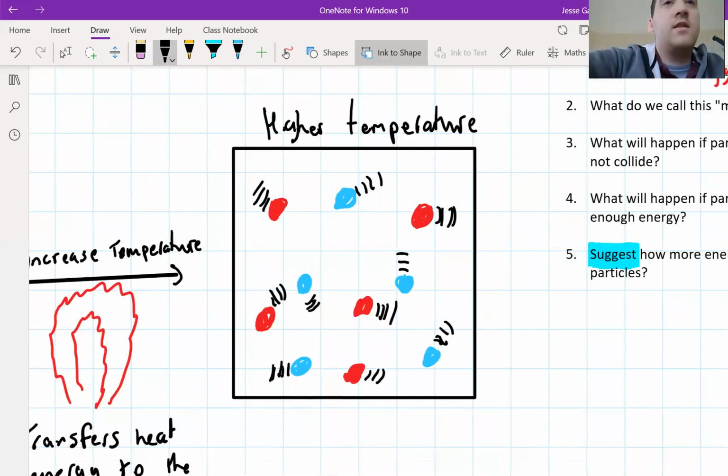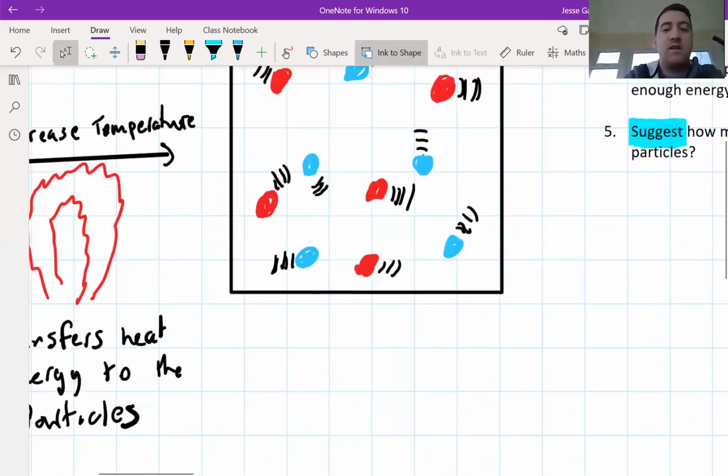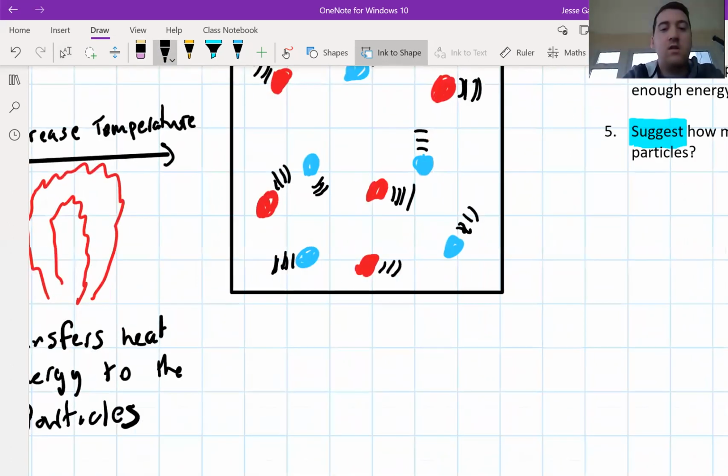Okay, so this is the container at a higher temperature. So what impact does this have? Well, if the particles have more energy, what effect is this going to have on the reaction?